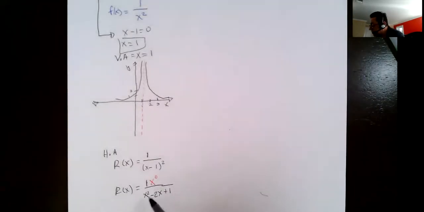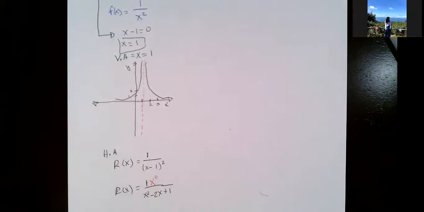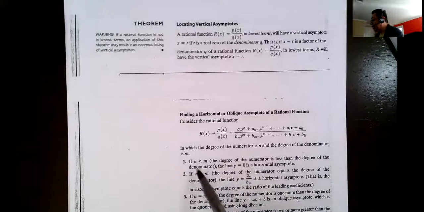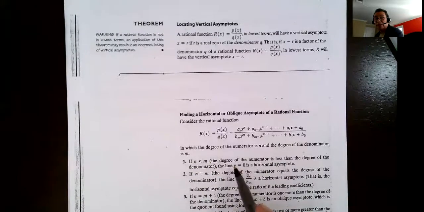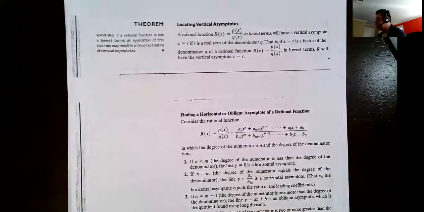Notice the degree of the denominator is larger than the degree of the numerator. Which case is that? Okay, so let's compare the case here. The degree of the denominator is larger than the degree of the numerator. That would be case number 1. And for case number 1, the line y equals 0 is the horizontal asymptote.